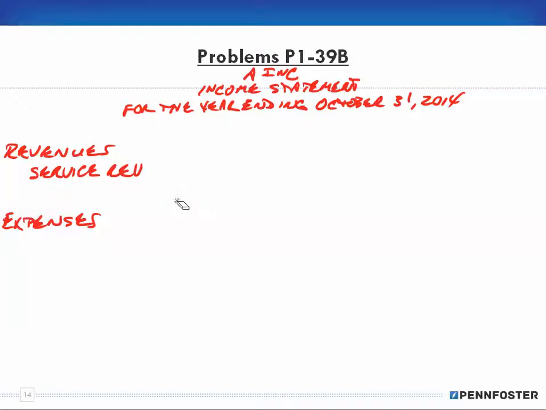But for this particular problem, we only have the 1 account, service revenue. So we don't need to do a mathematical calculation because there's only one account, and that amount happens to be 210,000. So that immediately goes in the rightmost column, okay? And since it's the first number in the column, we put a dollar sign to denote that this is a dollar amount, okay?